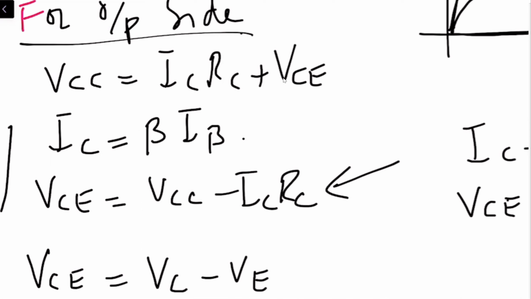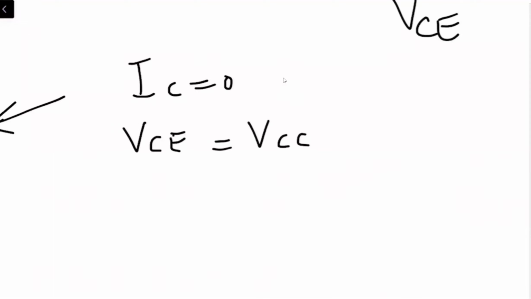If I put VCE is equal to 0 in the same equation, I will get VCC is equal to ICRC.